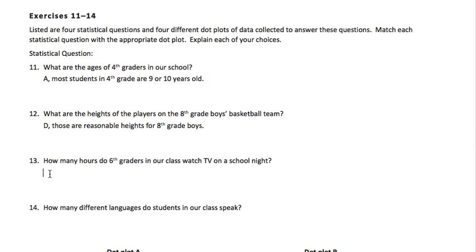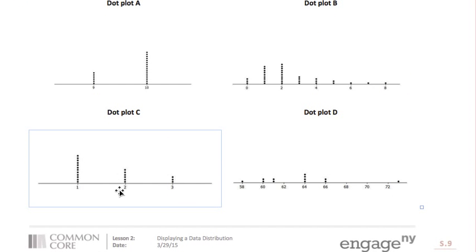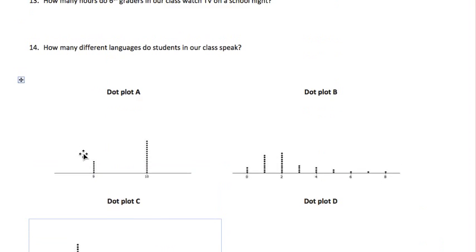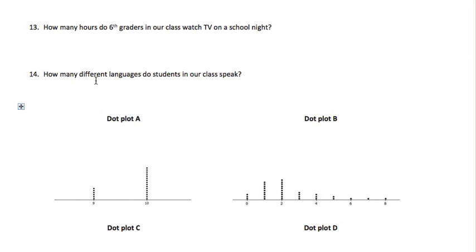Question 13. How many hours do 6th graders in our class watch TV on a school night? We have a plot ranging 0 to 8, with most being 1 or 2. And then we have 1, 2, and 3, with most of the data being 1. In looking at the other question that's left, which is how many different languages do students in our class speak, it seems very unreasonable that students would be speaking 8 languages.